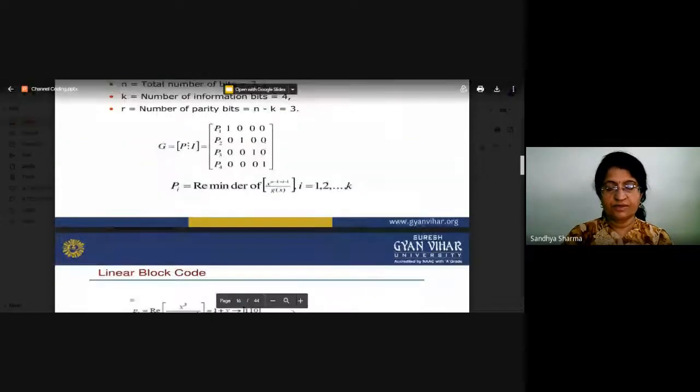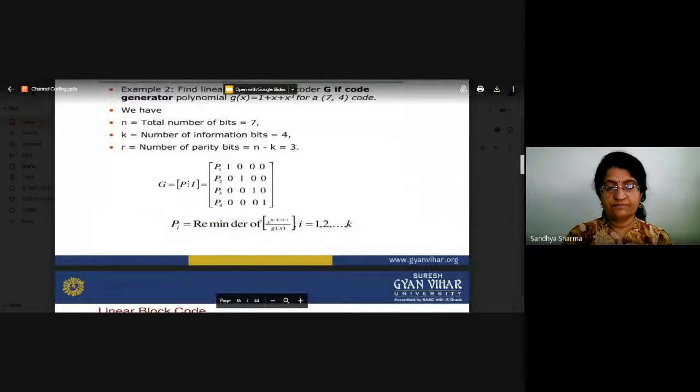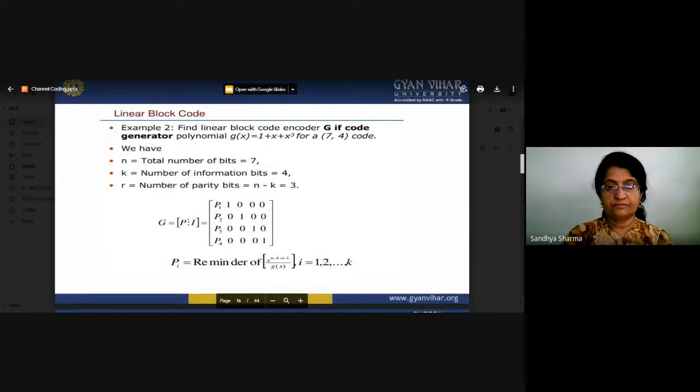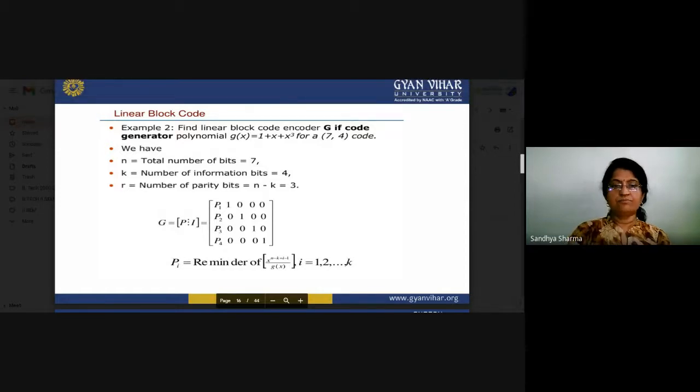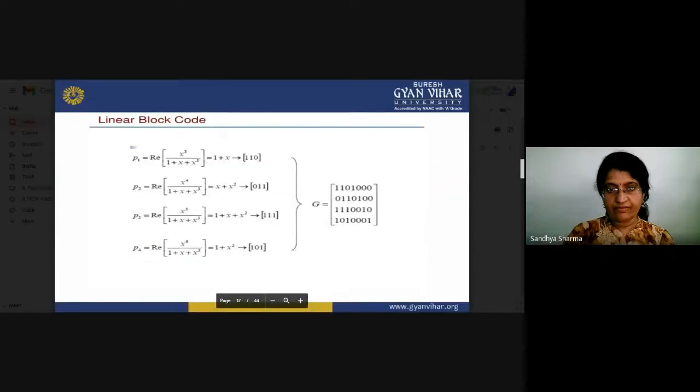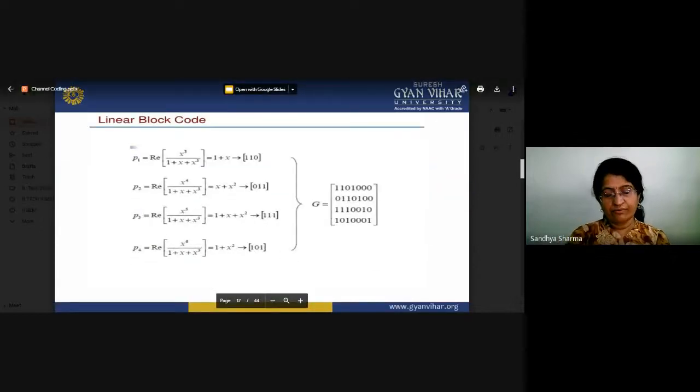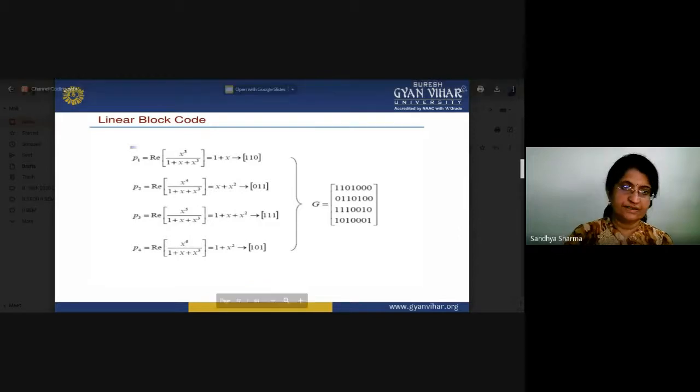This is the formula where you have to calculate these values. I think it will be clear to you. These are the final values we have to find out, and by using these final values we can calculate it.